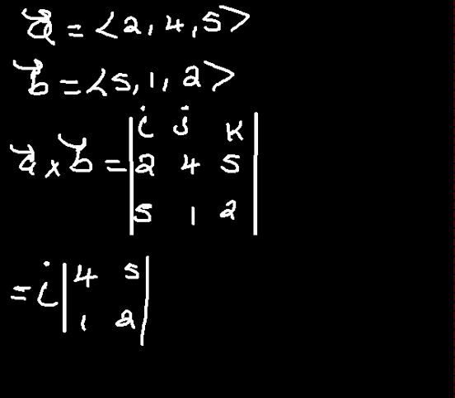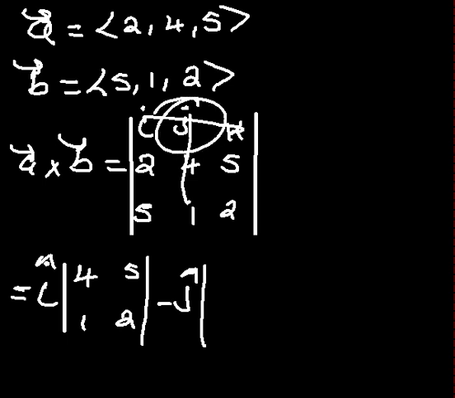Then we'll have a minus, and now the j. We do the same: the first row, the second column, we have eliminated j, so that will be for that component.